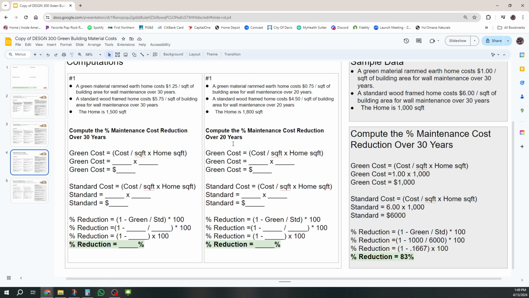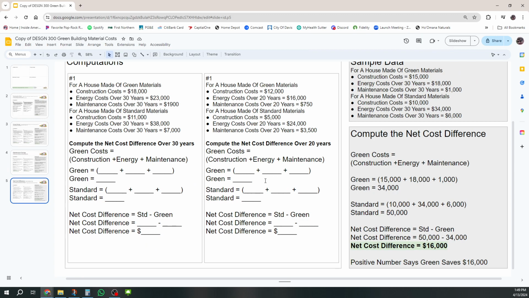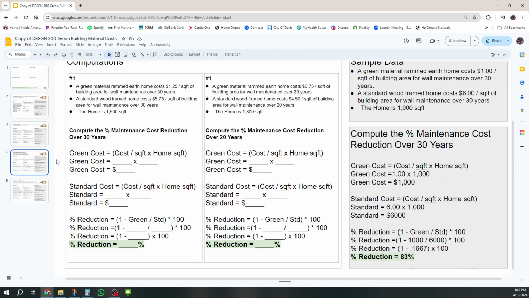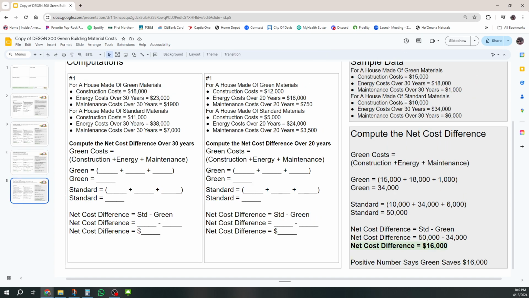This one is, again, about rammed earth home costs. And this one is about maintenance. How much it costs over 30 years. But it follows the same pattern. This one does not. So to get my final computation, the net cost difference, I have to pick a time period, 30 years, because my maintenance costs cover 30 years.